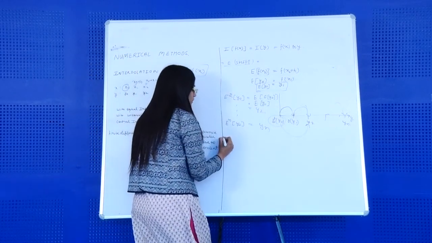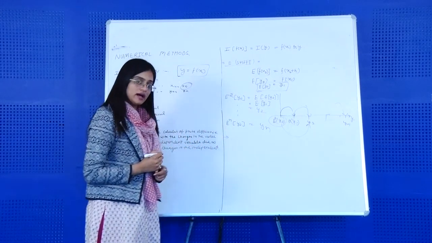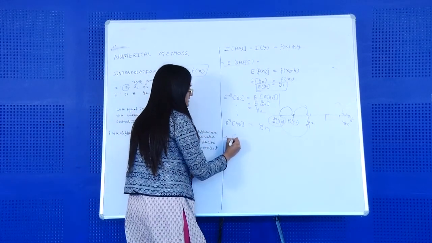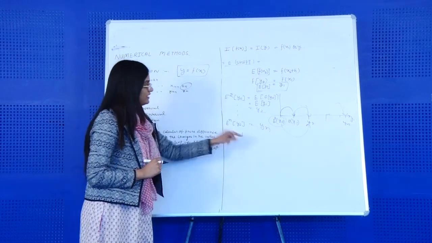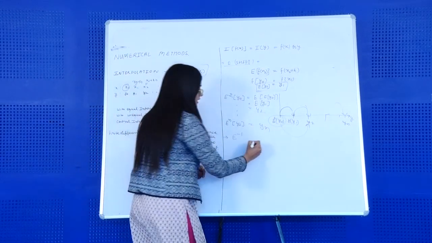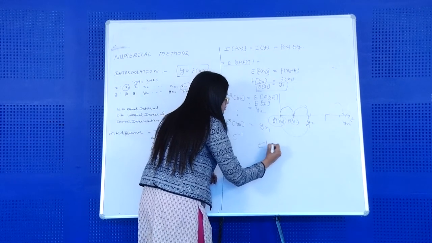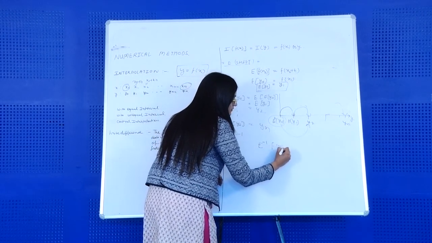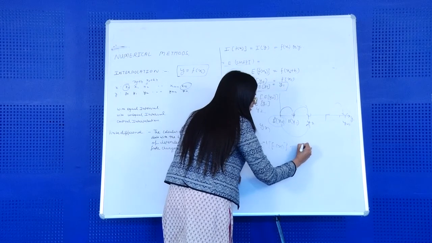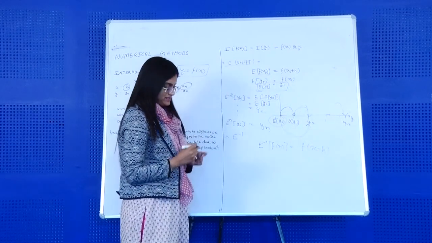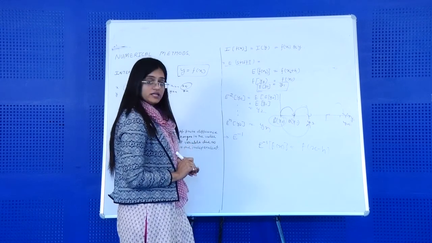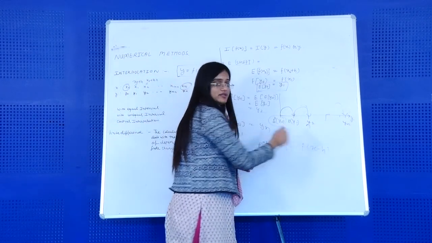In this shift operator we have another operator which is known as the inverse shift operator, E raised to power -1. If I apply the E raised to power -1 on f of x, what I get is f of x minus h. That means I get a single decrement in my function definition.